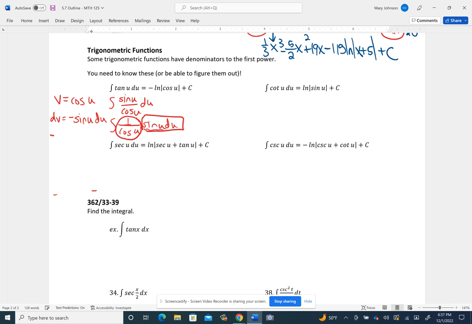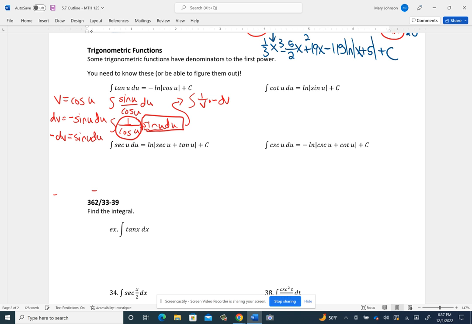So I'm going to divide both sides by negative 1 and get that sine u du equals negative dv. All right, so then I'm realizing that this problem is really the same as integrating 1 over v times negative dv.